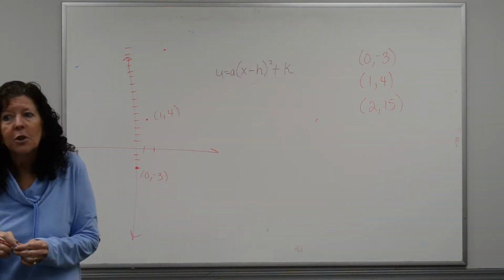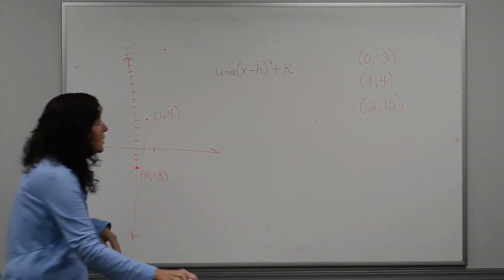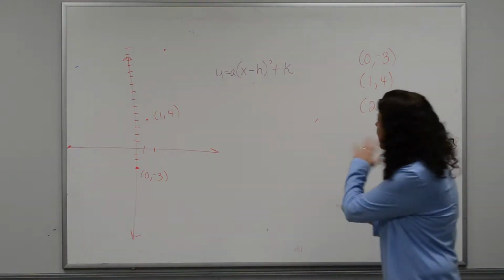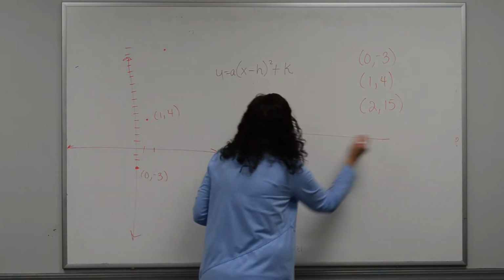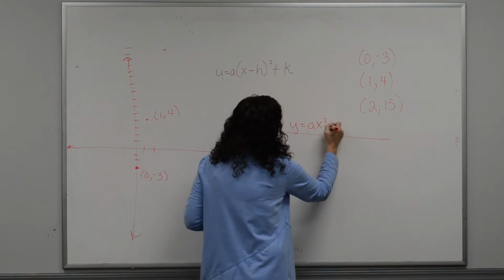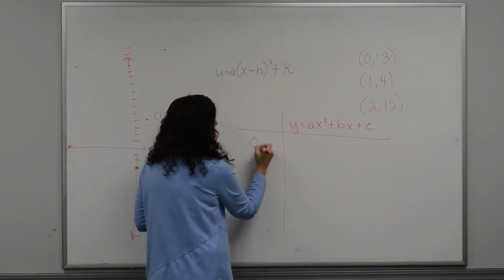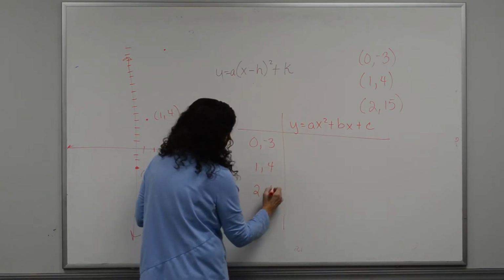Okay, when they show you it on a graph, do it the shortcut. But when they just give you 3 points, you have to do it the long way. All right, now this one is actually a little bit simpler because you've got a 0 in there. So I have y is equal to ax squared plus bx plus c. I've got 0, -3, 1, 4, and 2, 15.